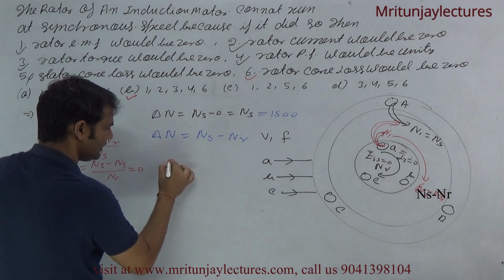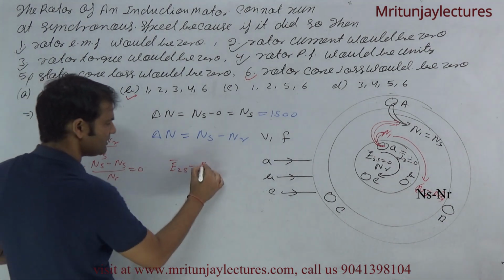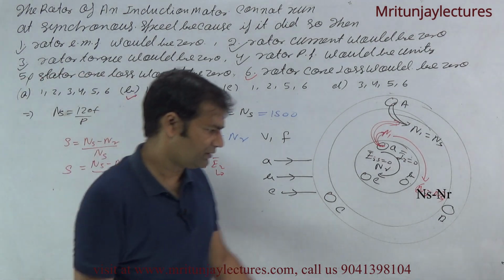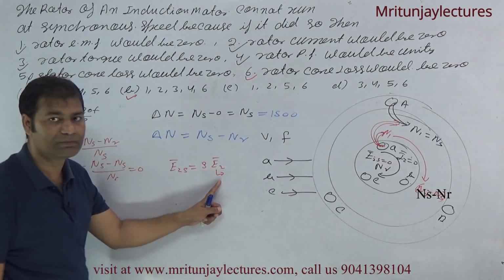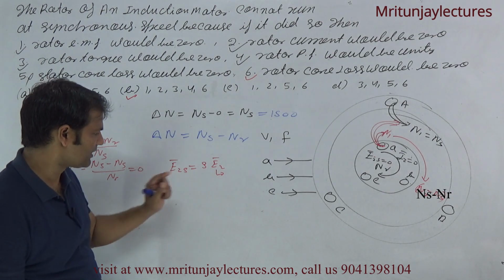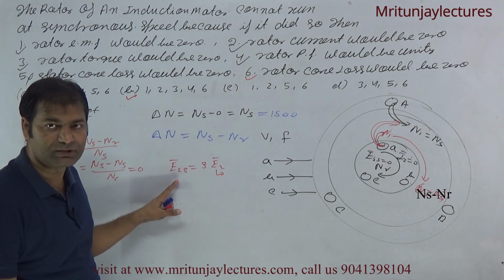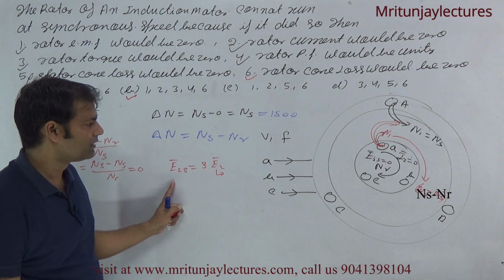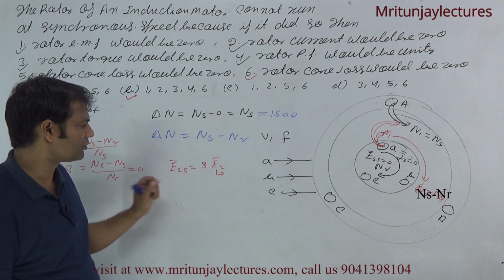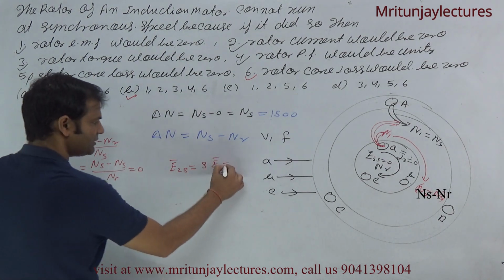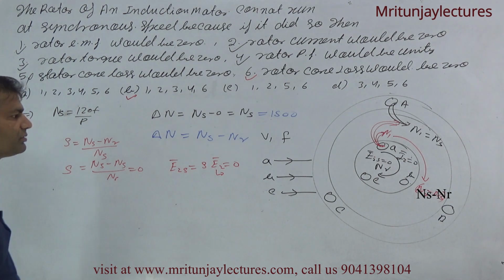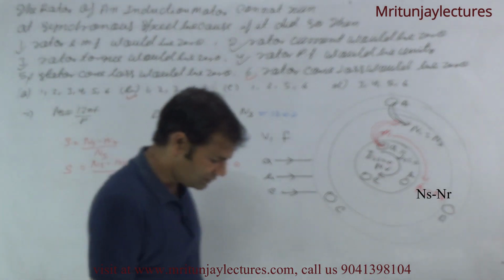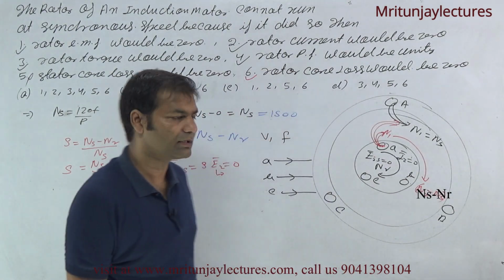So in the rotor conductor, E2S is the induced EMF at standstill on the rotor, and this is the running condition, induced EMF in running condition in rotor per phase. If S is 0, then E2S is also 0. So the induced EMF in the rotor is 0 in running condition.